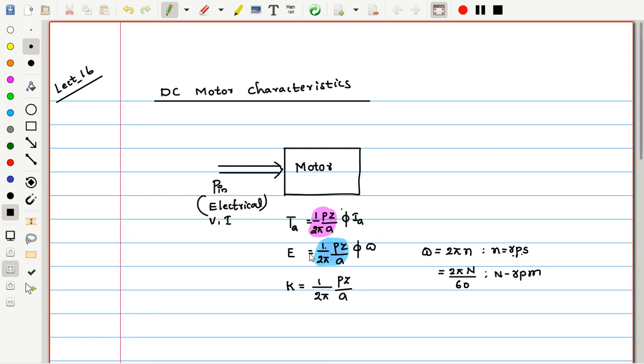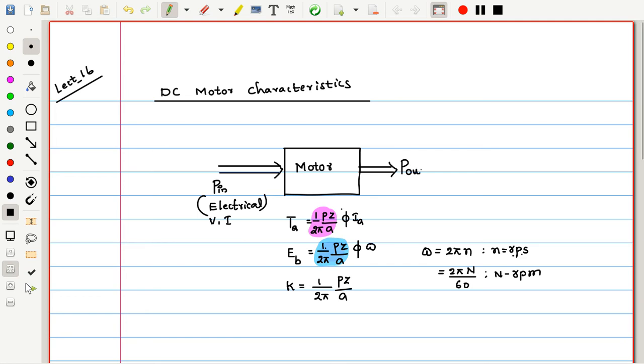Then the difference between this induced EMF in comparison with the generator is that here we call this the back EMF. This concept also we discussed in the previous lecture. And once this torque is acting on the armature, it produces the mechanical power, which we call the rotational power.